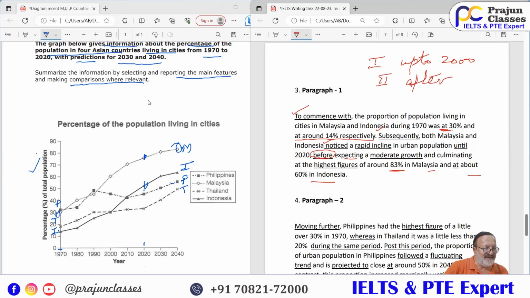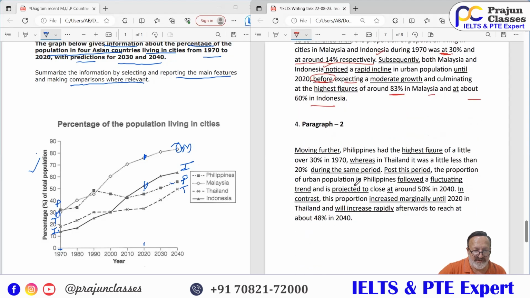But this will not give a nice reporting. A nice reporting is that you compare two line graphs in the first para and compare the remaining two. If there are three, then we have two in the first and the third in the second paragraph.